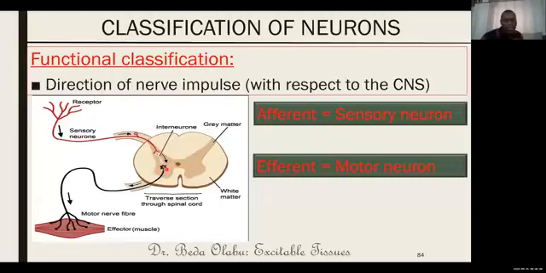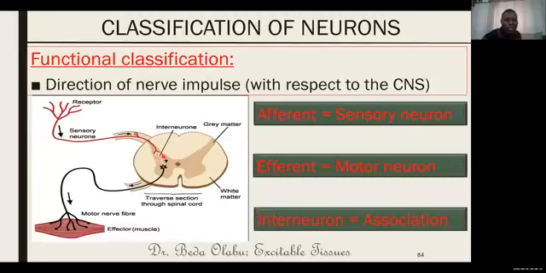As long as you have 2 neurons within the CNS, could be even this one and another one here, being connected by a neuron, you call such a neuron an interneuron. An interneuron is also known as an association neuron, a neuron that joins two or more neurons within the central nervous system. That is how we classify neurons functionally.